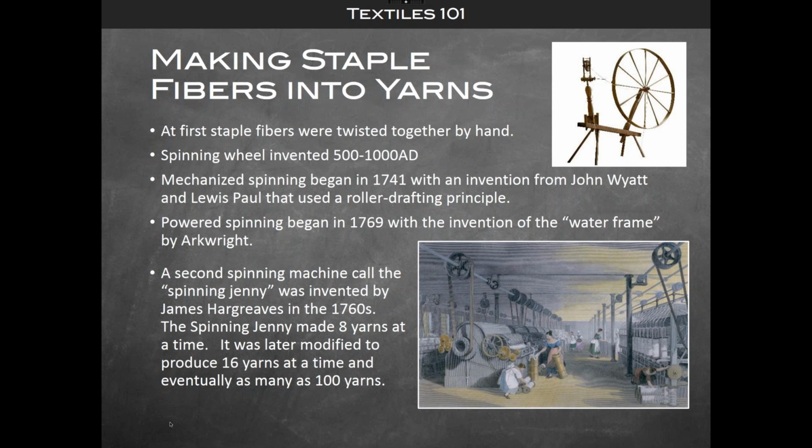What was really exciting about this machine is that it allowed production of 8 yarns at one time, and then was later modified to produce 16 yarns at one time, and eventually as many as 100. So that was a very, very significant change in yarn manufacturing.